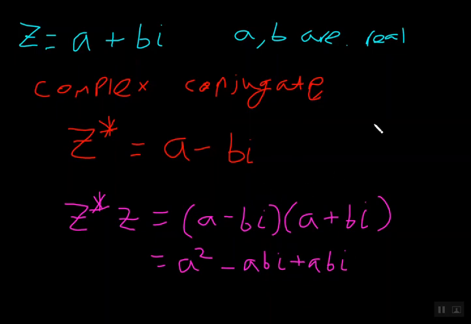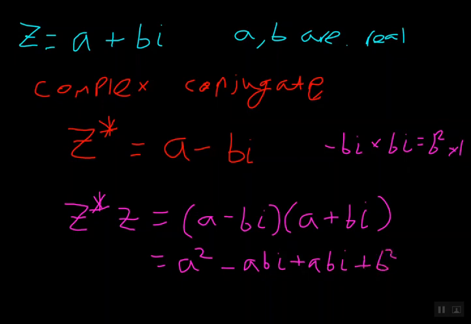Then negative bi times positive bi. Well, that's b squared times negative i times i. Negative i times i we showed is 1, so this is times 1. So this is plus b squared.